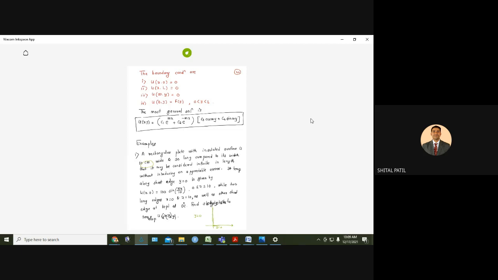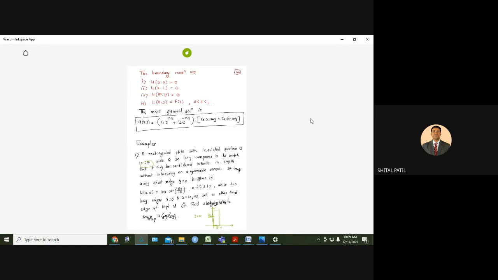The edge along the y-axis will be long. So the plate will be like this. The edge along y equal to 0 is short, so the edge at x equal to 0 will be long. So the plate is along the y-axis.